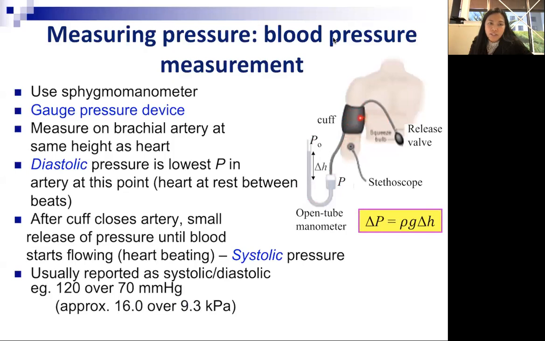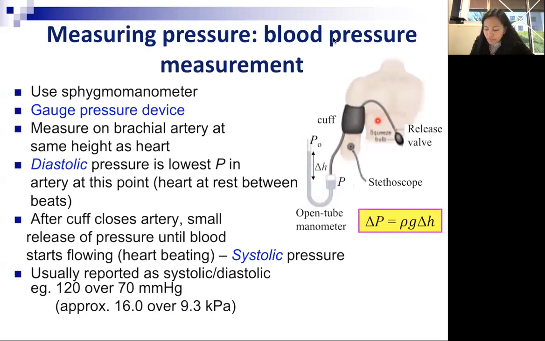So we've learned that the pressure at the same depth is the same, and that's why you put this at the same level as the heart. And by measuring the difference in the height of the liquids inside the sphygmomanometer, the doctor is able to determine the pressure at the closed end of the manometer, which is the blood pressure, as the heart pumps.